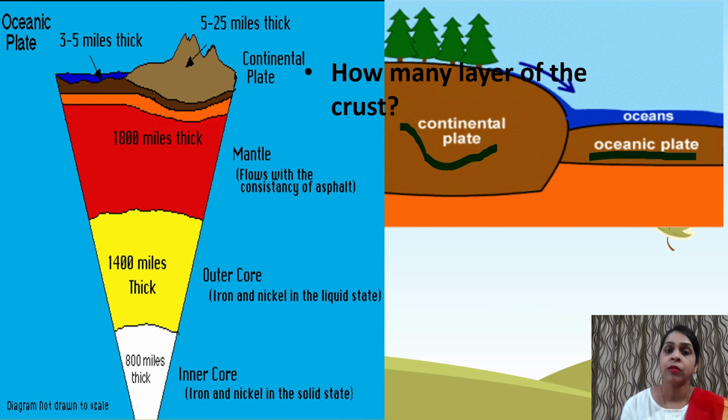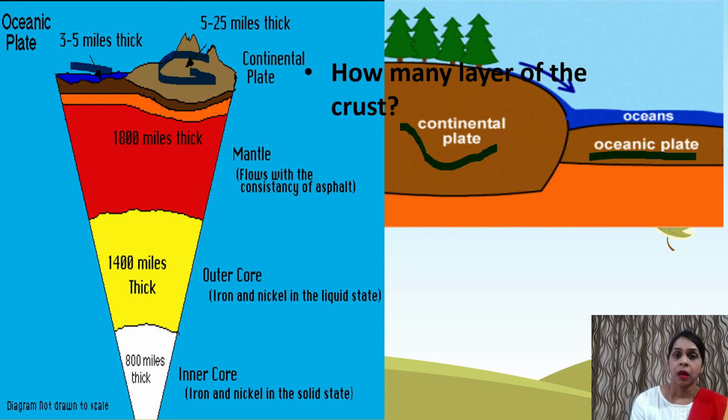The thickness of this layer is approximately 30 kilometers. Mostly granitic rocks are found. Here is the continental plate, which is 5 to 25 miles thick. You can see the thickness of this. And the oceanic plate is 3 to 5 miles thick.